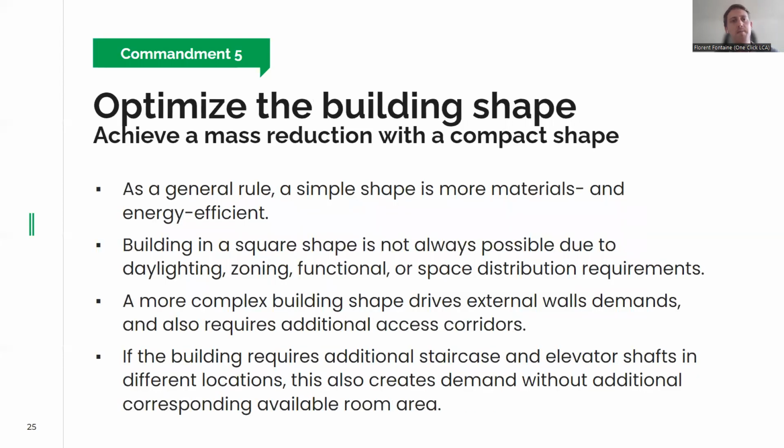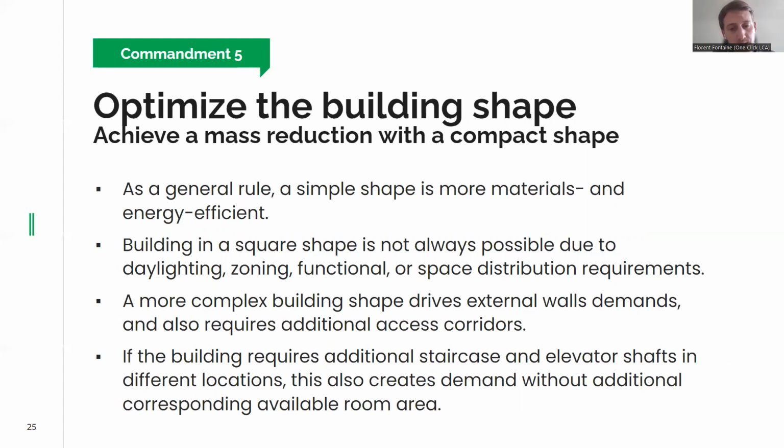So now we'll look at commandment 5, optimize the building shape to achieve a mass reduction with a compact shape. As a general rule, a simple shape is more materials and energy efficient. Building in a square shape is not always possible due to daylighting, zoning, functional, or space distribution requirements.